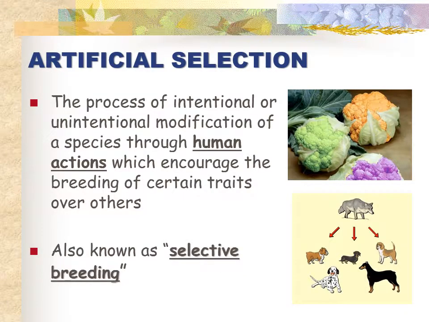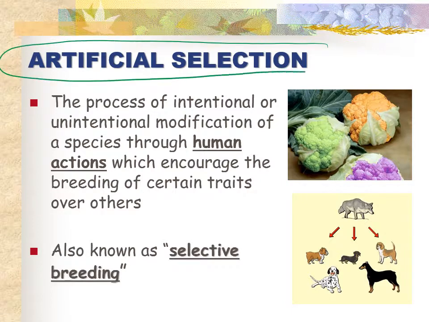So far, we've talked about what natural selection is, and we want to take a minute and compare that to artificial selection. So maybe you've already noticed that artificial is sort of the opposite of natural selection, right? So here's the definition. It's the process of intentional or sometimes unintentional modification of a species through human action, which generally are choosing or encouraging the breeding of certain traits over others.